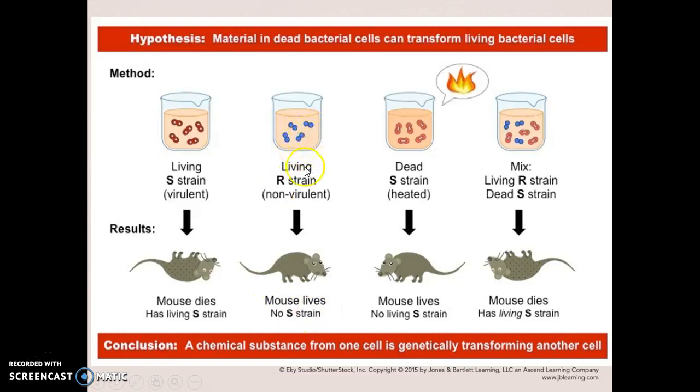They did find a few of the living cells, but that was it: living R, but no living S. With the dead S strain, there was nothing inside the mouse. But when they took living rough and dead smooth, they found both living rough and living smooth bacteria. And so the rough bacteria took information from the dead encapsulated cells and were transformed into the smooth cells. That's the idea.